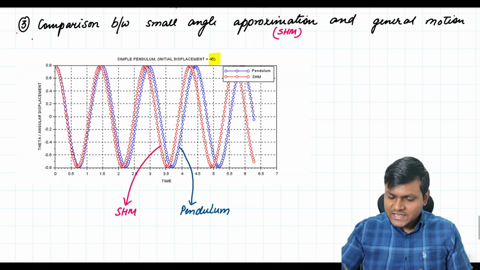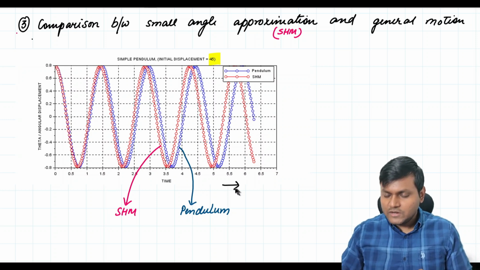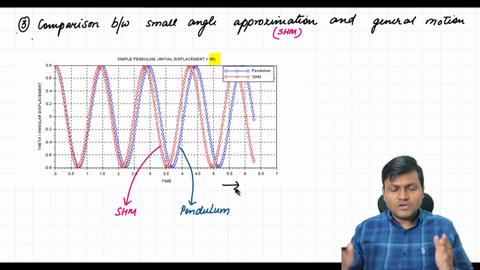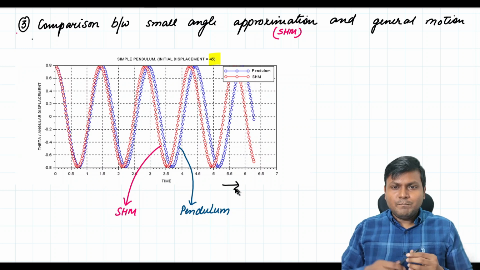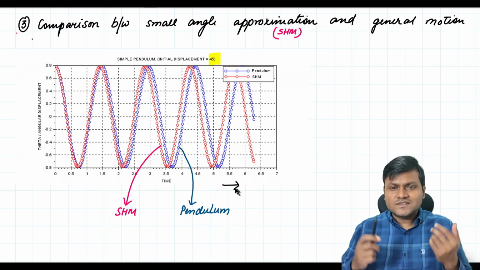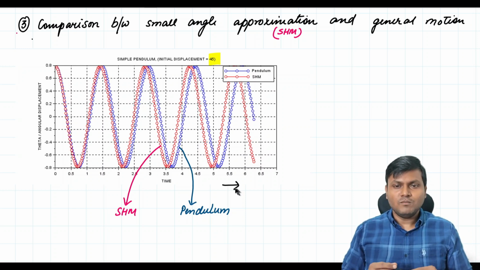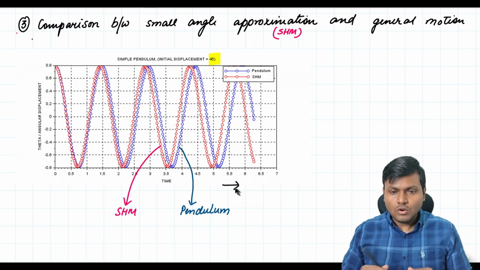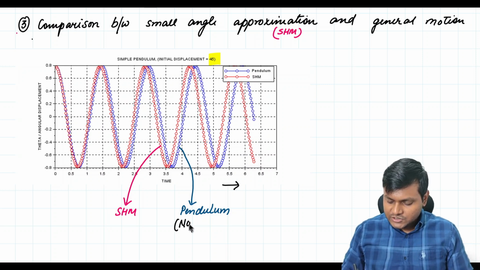So as time is going forward, as the pendulum is oscillating on and on in time, the pendulum develops a certain phase difference from the SHM. It is no longer an SHM.